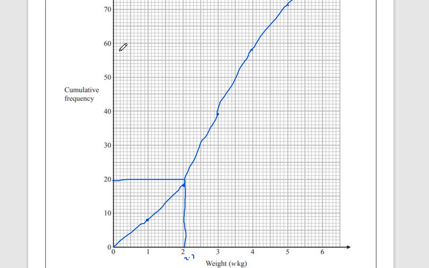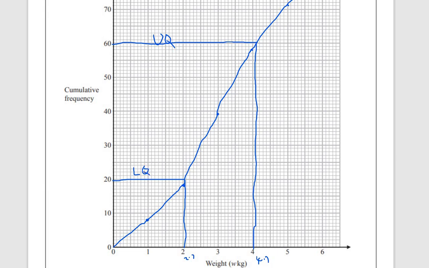Anyway, and then we go up to 60, which is the upper quartile. Draw a nice straight line with your ruler and come down to find out where it hits on the x-axis. So it's going to be somewhere, well, my line is very bad, not straight at all because I haven't got a ruler, but it's going to hit at 4.1. So this is your upper quartile and that is your lower quartile.